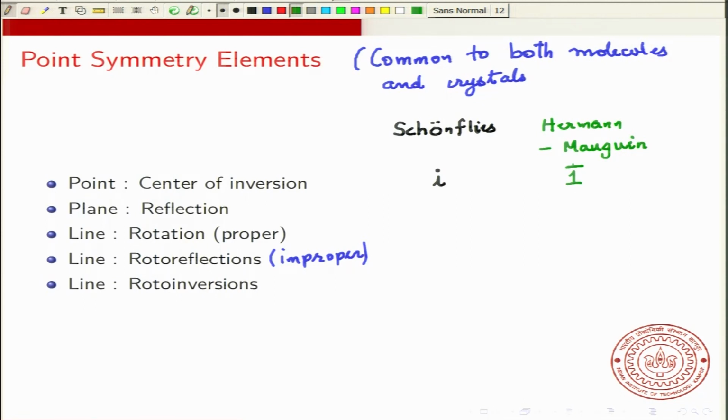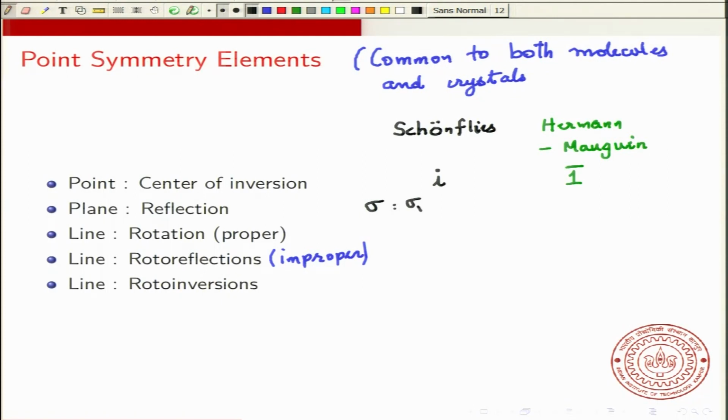The next symmetry operation is reflection about a plane, and molecules can have several planes of reflection. They need not have only one. Now, the notation used for these reflection operations: you typically use the symbol sigma to denote a reflection, and in molecular symmetry there are different kinds of reflections, so you differentiate between them.